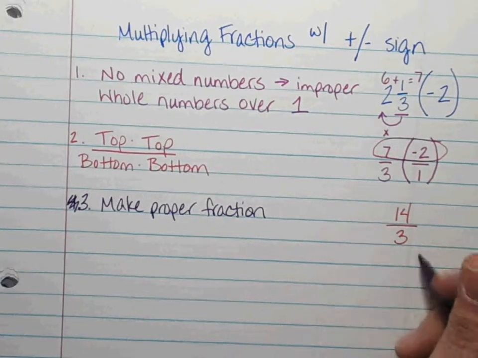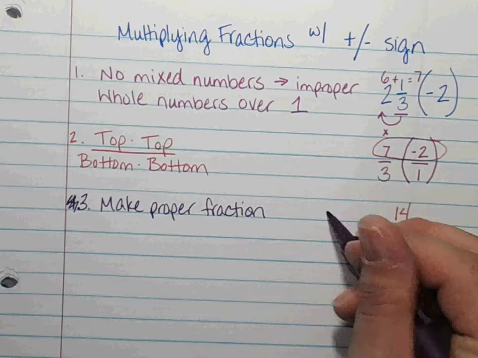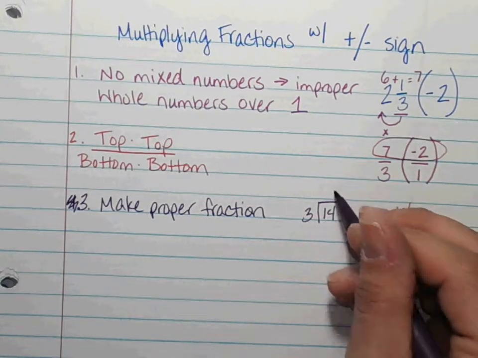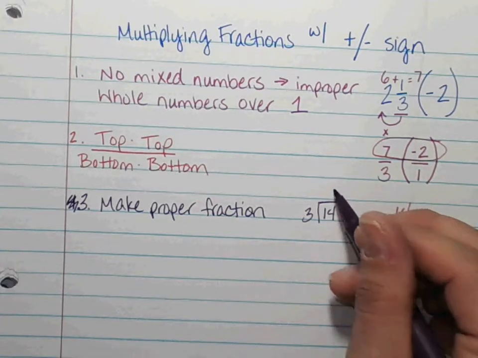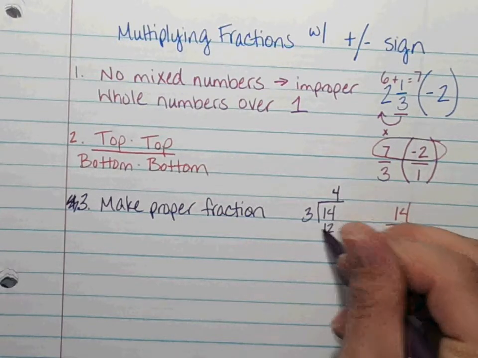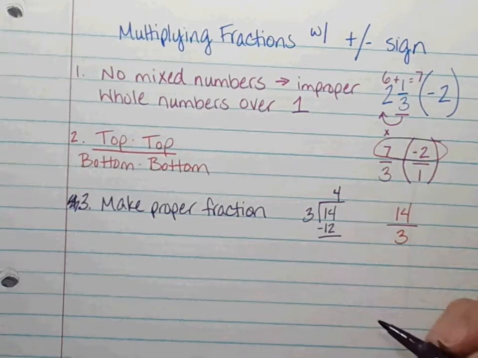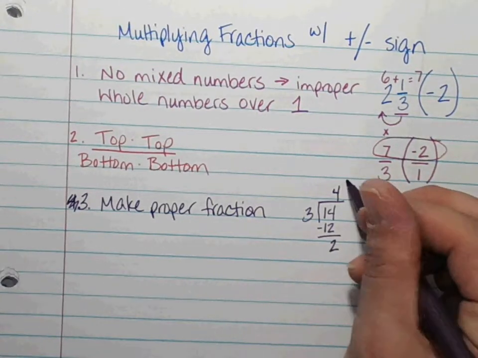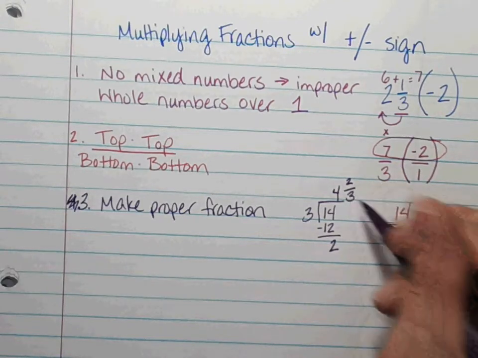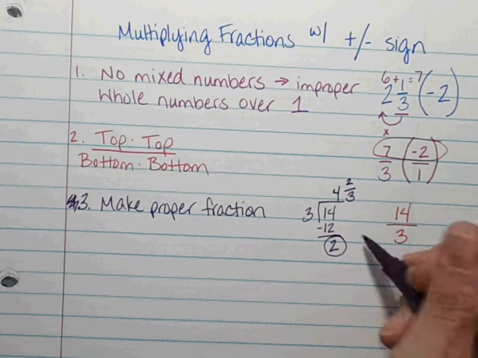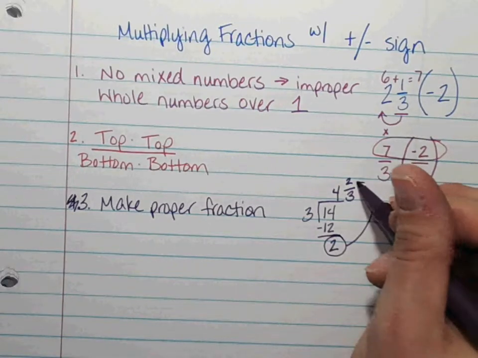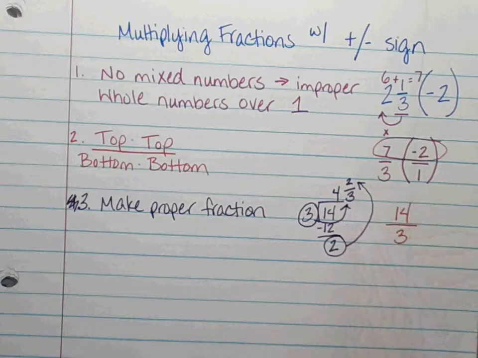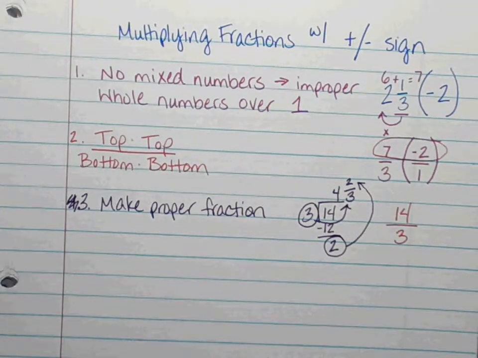How many times can 3 go into 14? 4. 4 would be 12. And then how much is left over? 14 minus 12? 2. And that becomes 2 over 3. The 2 goes up top, and the 3 came from over here. So 4, 2 over 3. 4 and 2/3.